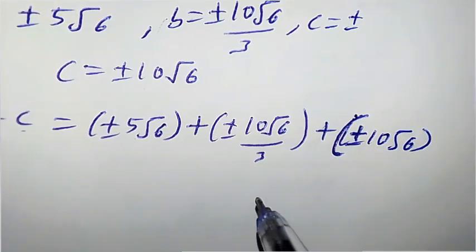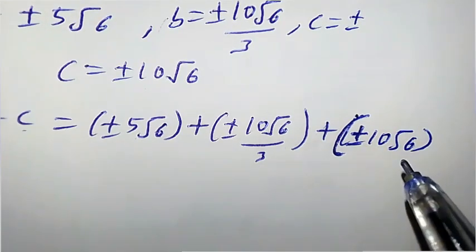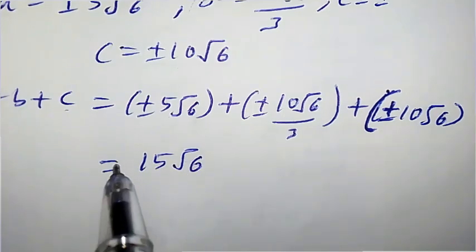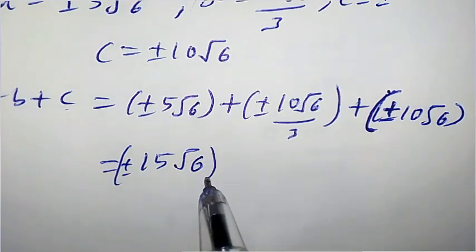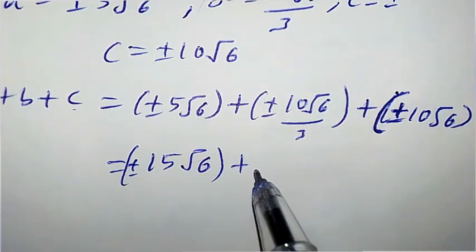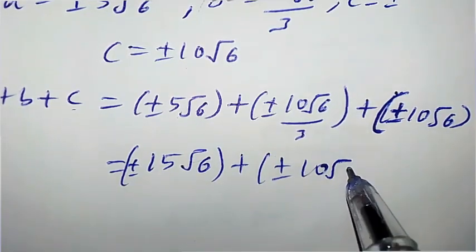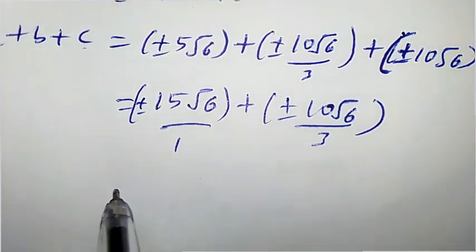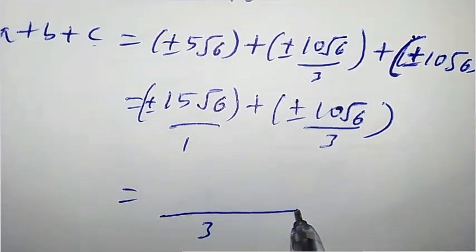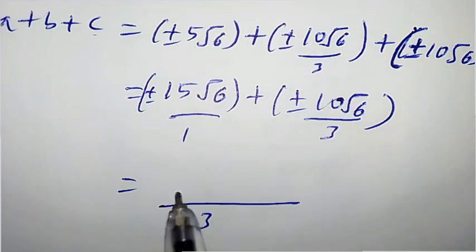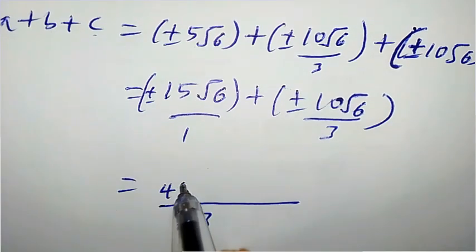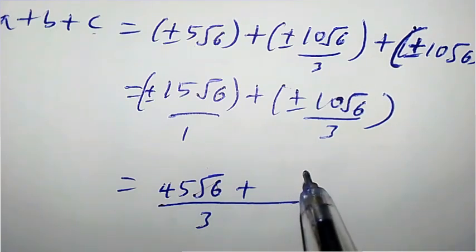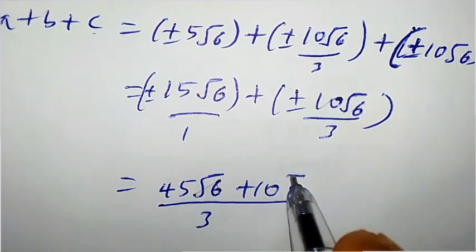So let's add these together. 5 root 6 plus 10 root 6, that is 15 root 6. Don't forget the plus or minus sign. Plus this one, plus or minus 10 root 6 over 3. We can take the LCM. The LCM here is 3. So we're going to have 3 times 15, that is 45 root 6, plus 3 over 3, that is 1, 1 times 10 root 6, that is 10 root 6.